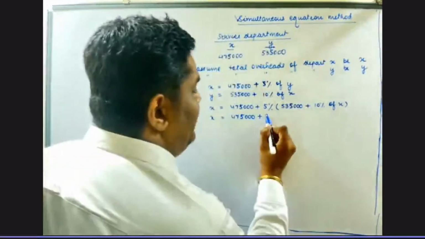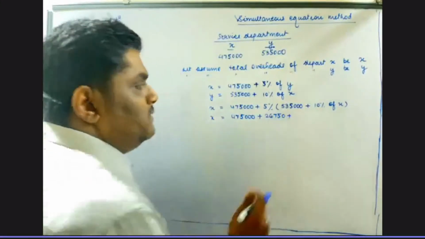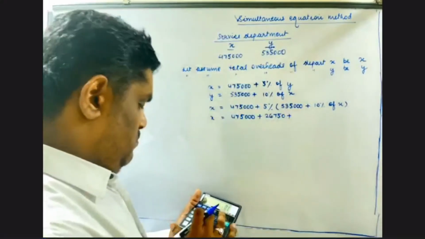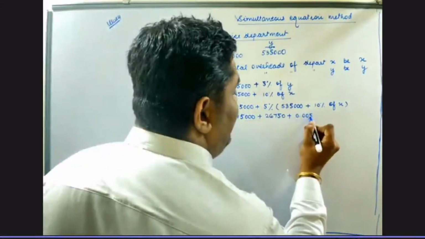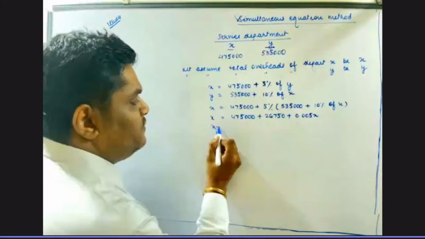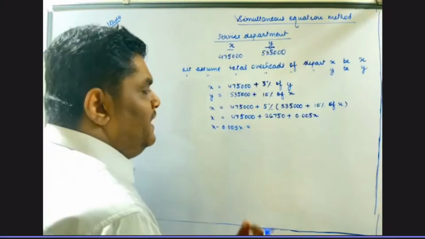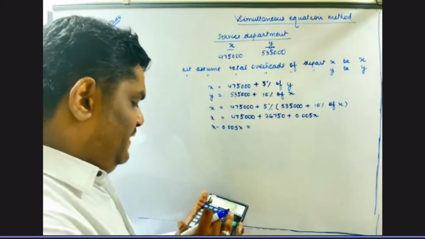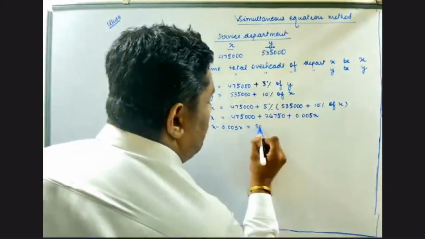This will be 26,750 plus 0.005x. So x minus 0.005x should be equal to 475,000 plus 26,750, which is 501,750.